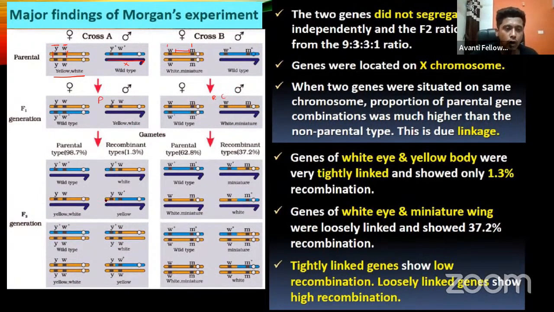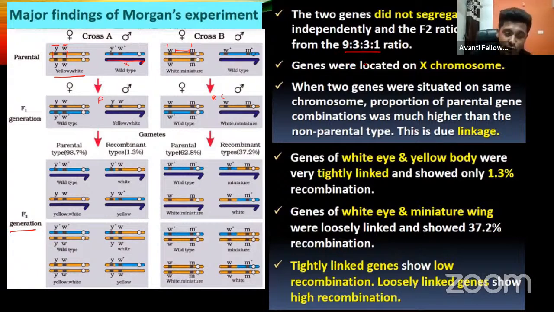Now he goes for cross 2. When he conducts cross 2, now he gets a certain percentage. What is that percentage? When you analyze the population of the F2 generation. Since we are taking two characters, we call it a dihybrid cross, right? Di means two, hybrid means characters. So in the dihybrid cross, according to Mendel, we have to get a 9:3:3:1 ratio.